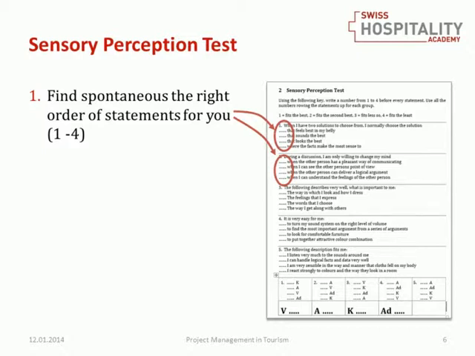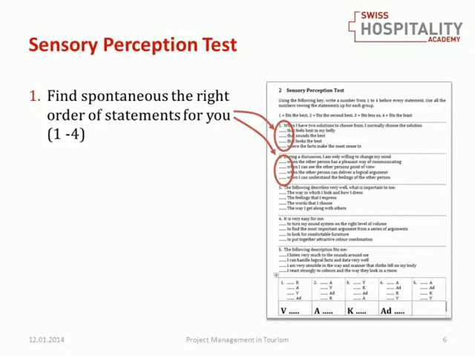This is number 1, the second best is number 2, what fits less is number 3, and what fits the least is number 4. So you rank all 4 statements for statement number 1, and you do the same for numbers 2, 3, 4, 5.